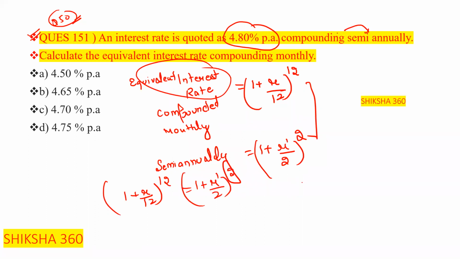We make this r dash. Here they have given r dash as 4.80%, that is 0.048.